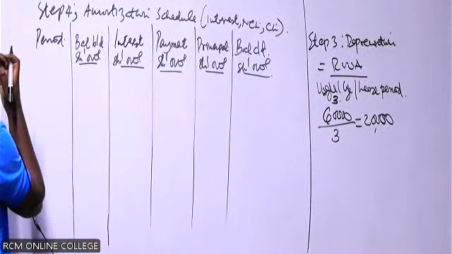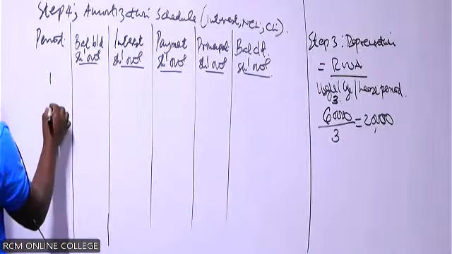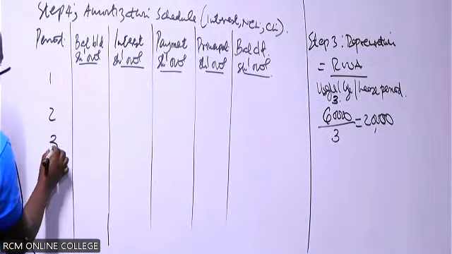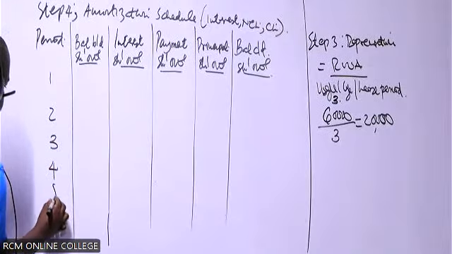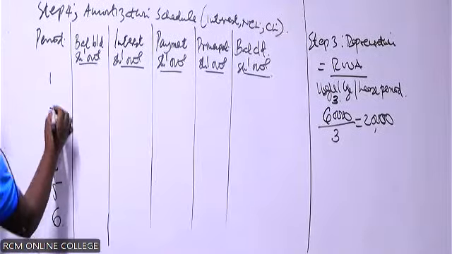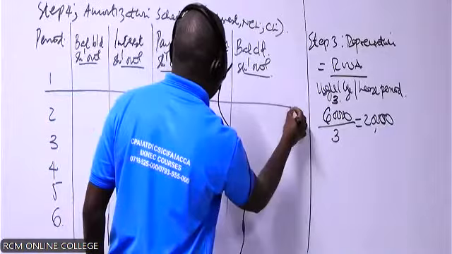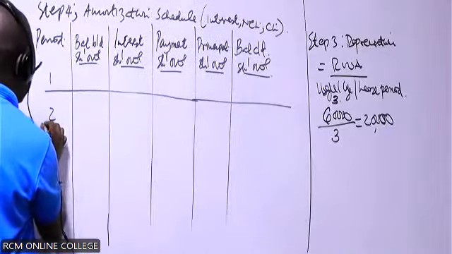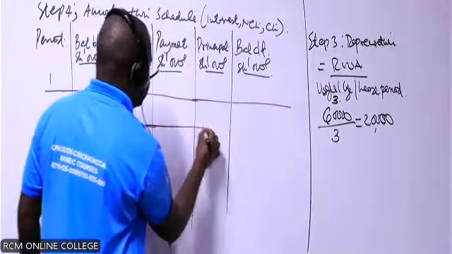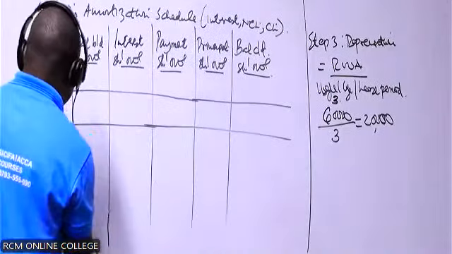How many periods do we have? We have 6 periods. So 1, 2, 3, 4, 5, 6. We can present our amortization schedule like that.